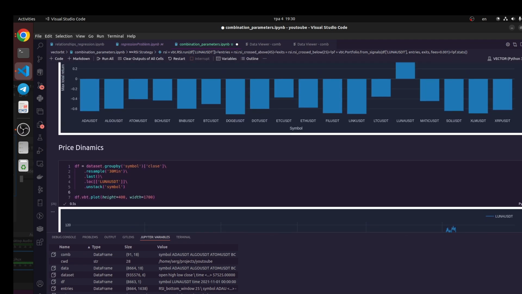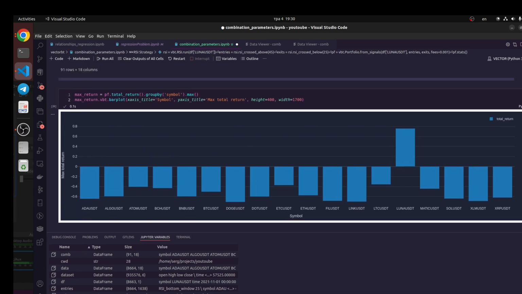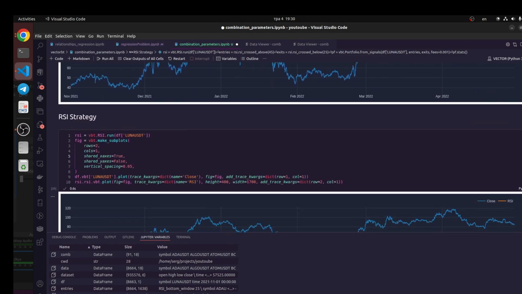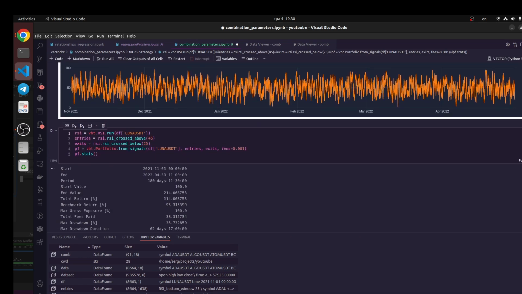I found these parameters from here, like RCI. See, we need to compare this data with the benchmark. Let's do it. We indicate our commission and we're going to trade. And you see the very interesting idea for each indicator: it's not working like it's written in some book about technical analysis.